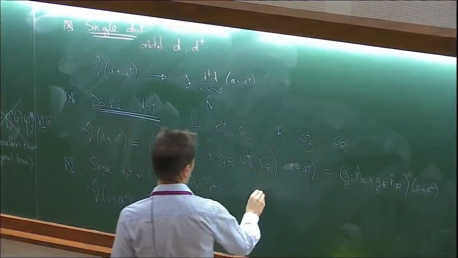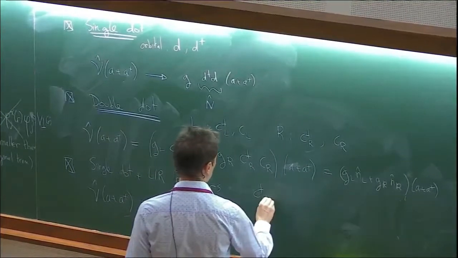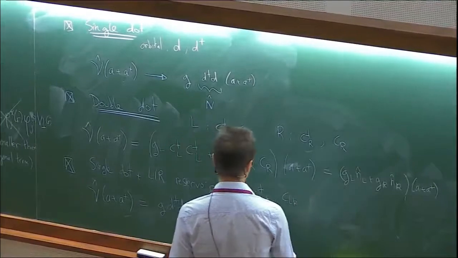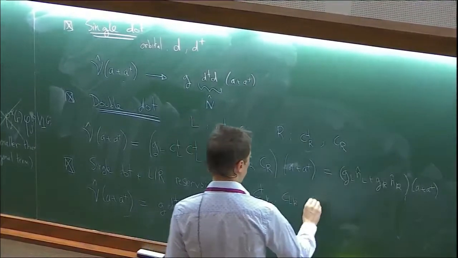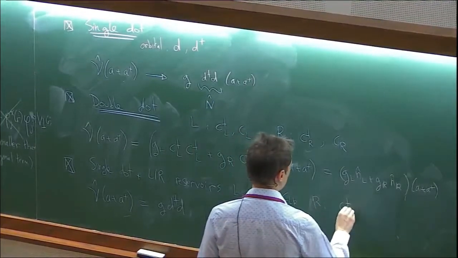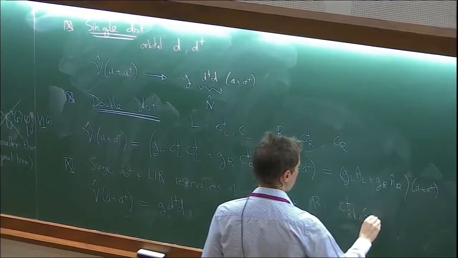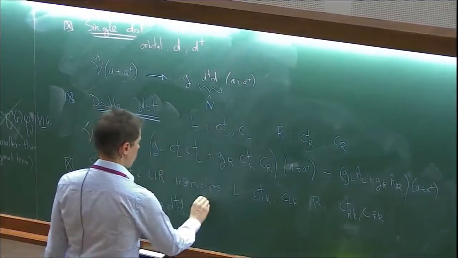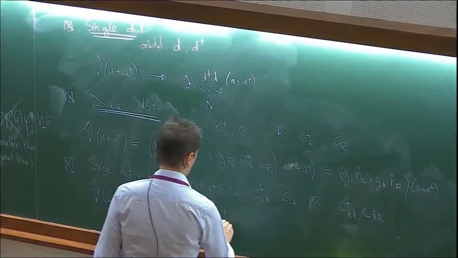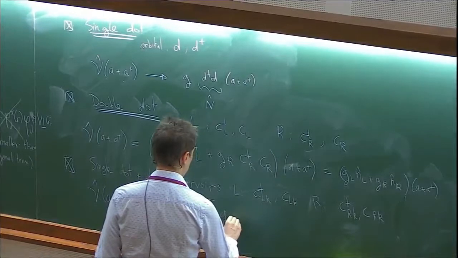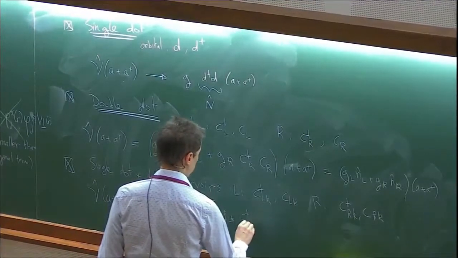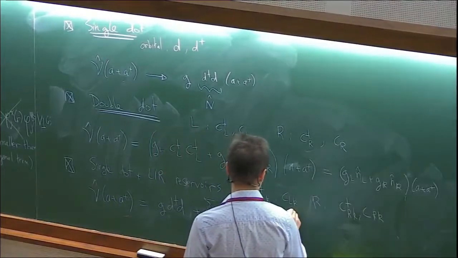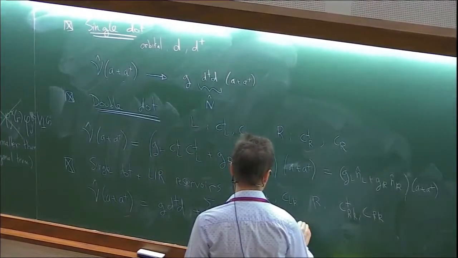If I say that now they have electronic orbitals of k vector in the left and the right reservoir, then what you have is a sum of G left k times C dagger k C k plus G right k.